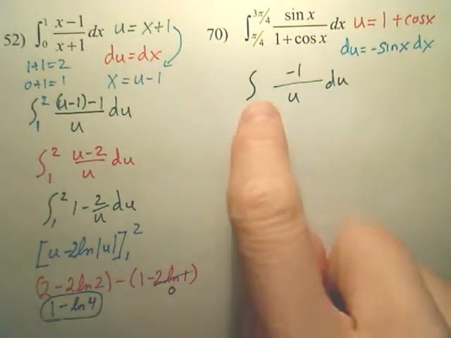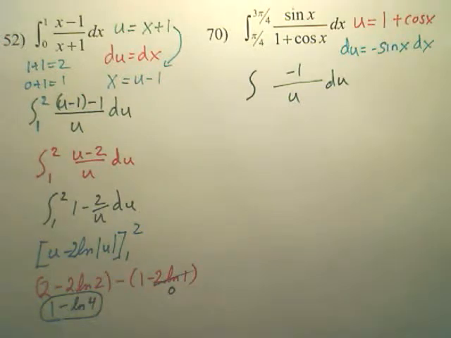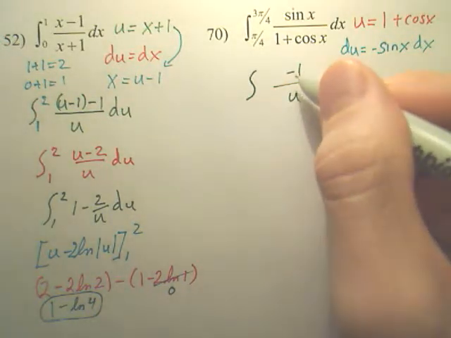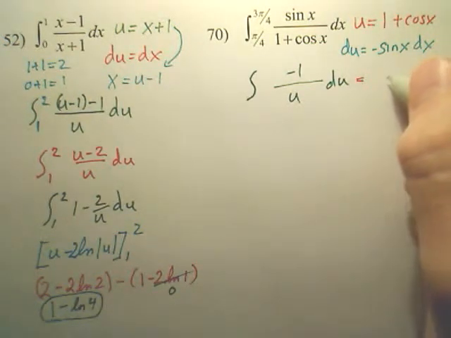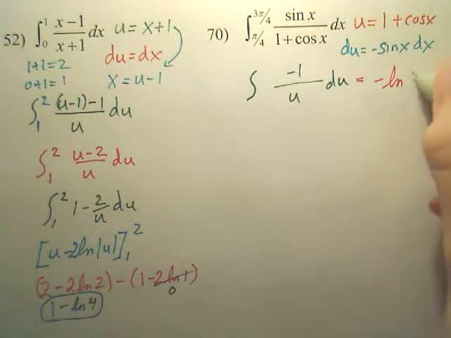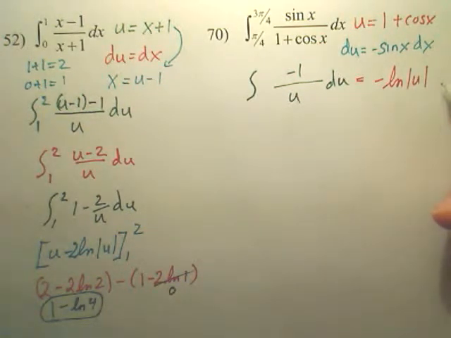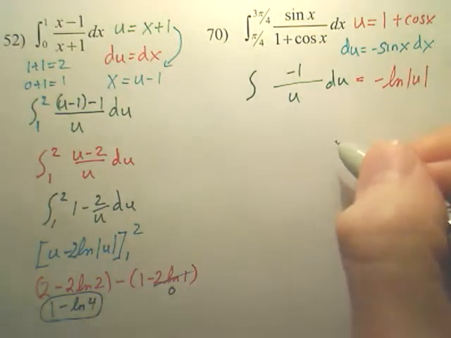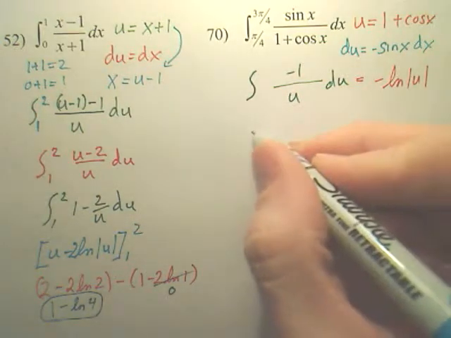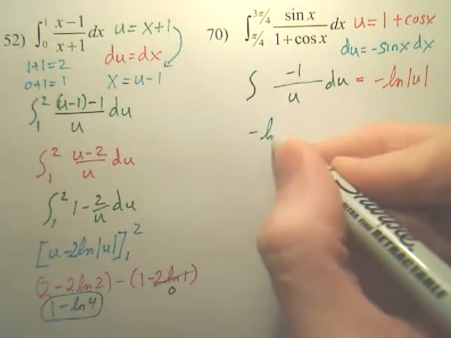I'm going to leave the interval off for a second, because when I integrate this, what do you get? You get negative ln u. Then from there, you get negative ln.